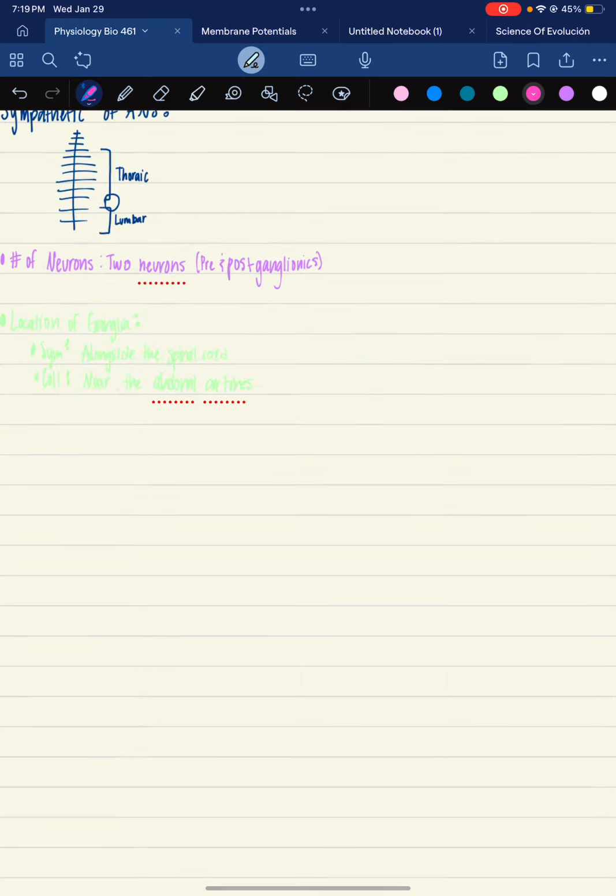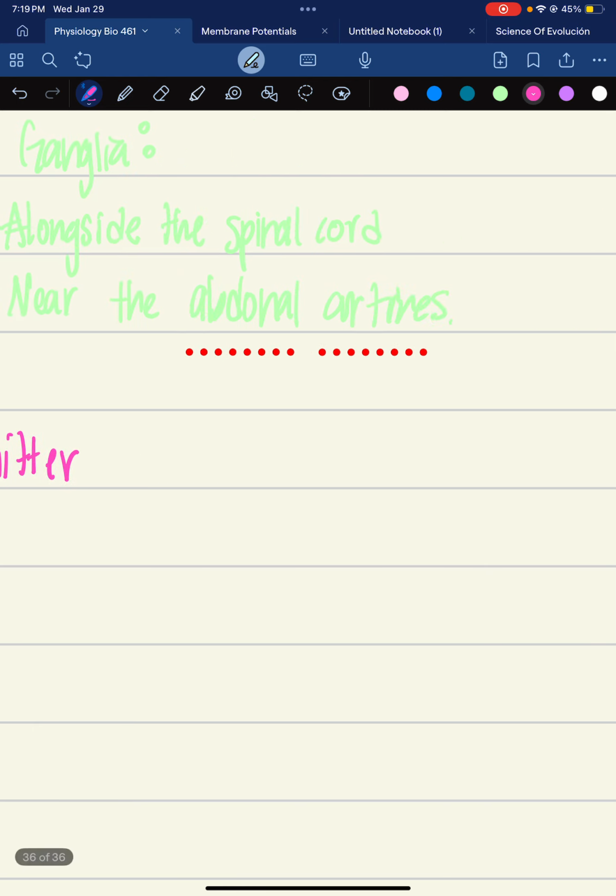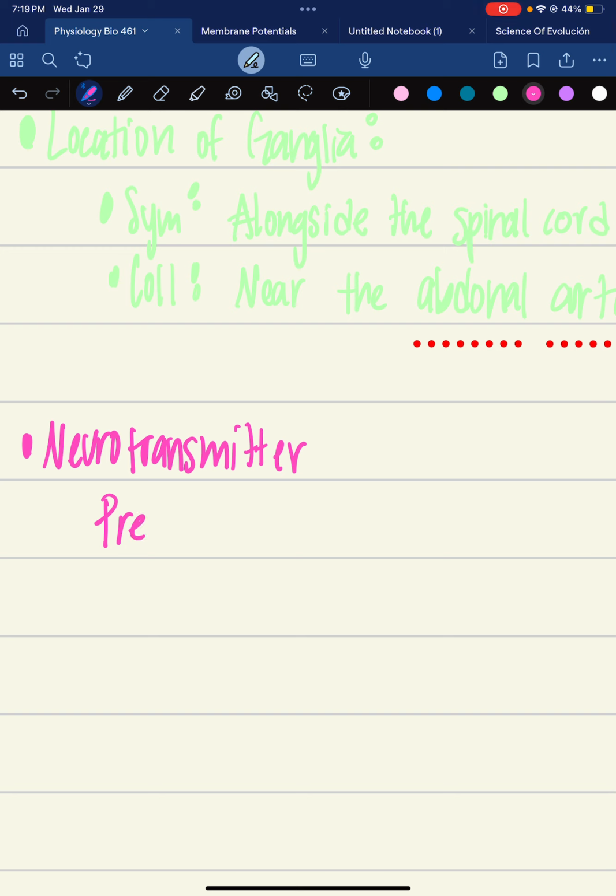And then neurotransmitters. The preganglionic neurons release acetylcholine, and the postganglionic neurons usually release norepinephrine. So pre releases acetylcholine, and then post releases norepinephrine.